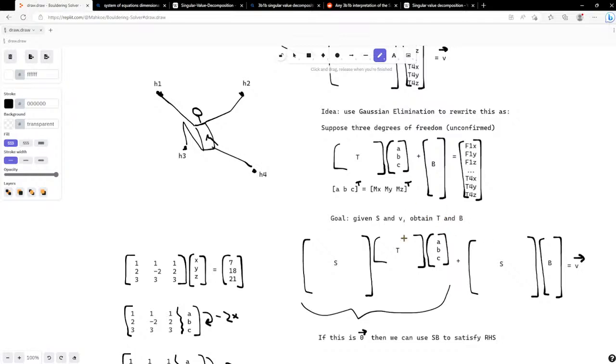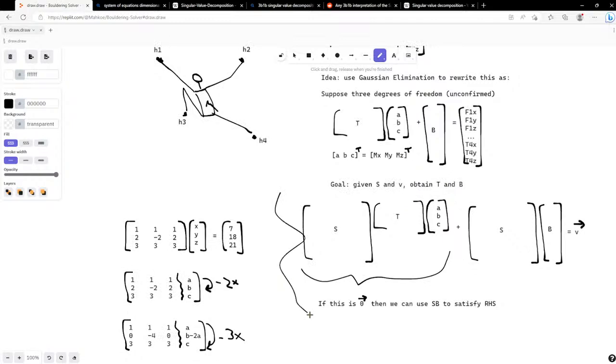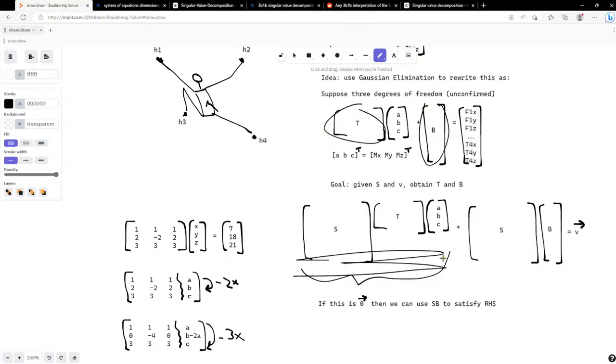But I think what this line of reasoning is telling me is that I can't have this. Because if this is a constant and that's a constant, this has to be identically 0. Or, well, does it? Is it possible for this to become a constant but not be identically zero?